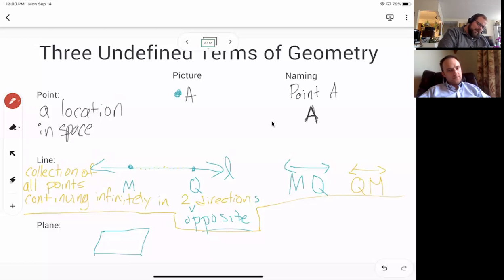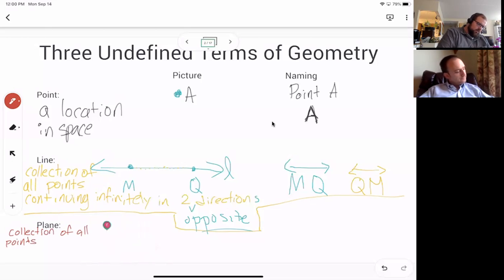So would we maybe classify this the same thing, where we have a collection of points? I'm going to erase it. No, you're good. I like it.